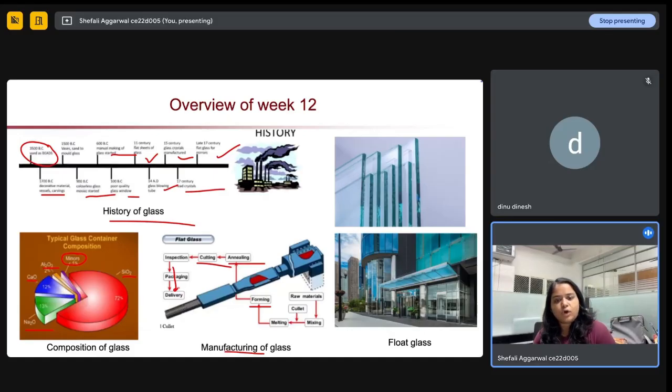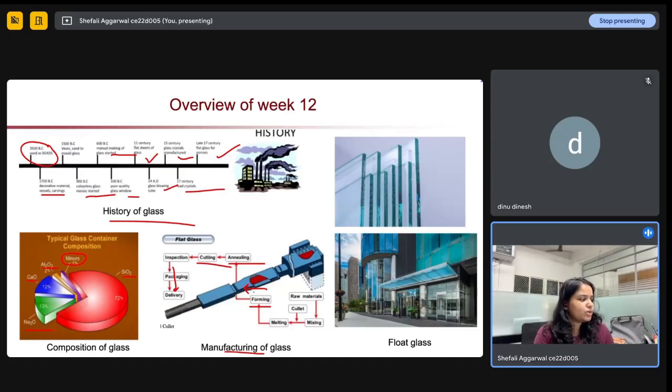This is the normal glass making process. If we have to make different types of glasses like mirrors and laminated glasses, then after forming or annealing the process changes based on the type of glass you want.